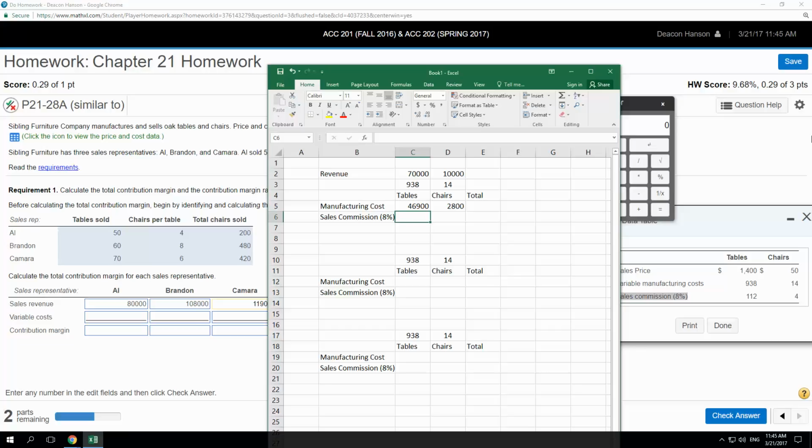Okay, and then if you watch closely, I'm going to take 8% times the revenue, and that'll be my commission. You wouldn't need to break that down by tables and chairs, but since we have it there, we can do that.